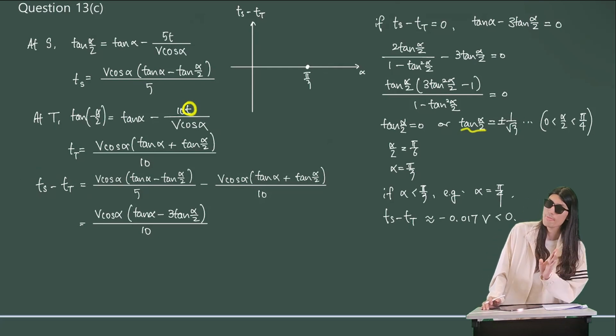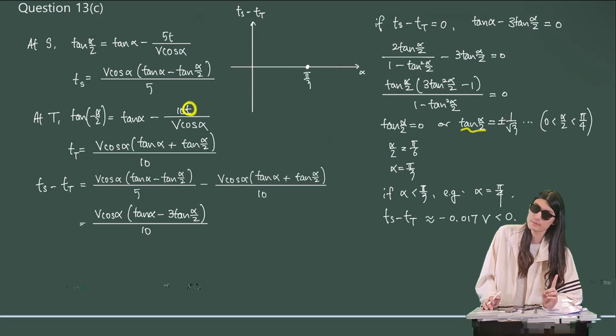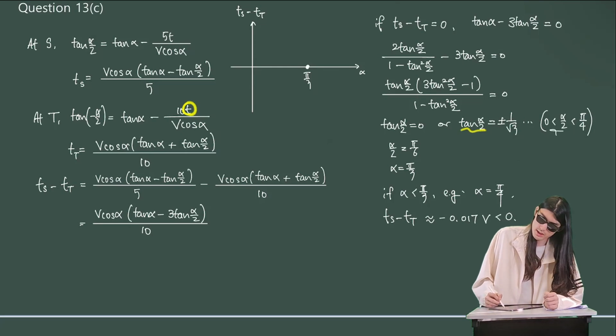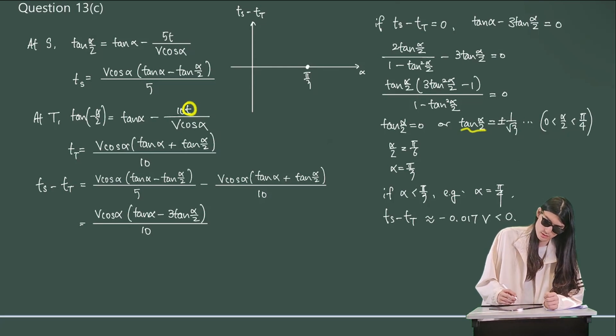Ts minus Tt is a continuous function, and I've shown that pi on 3 is the only 0 of a continuous function in the interval from 0 to pi on 2.